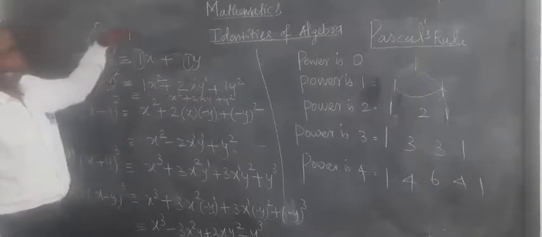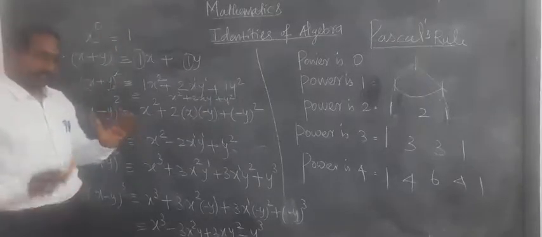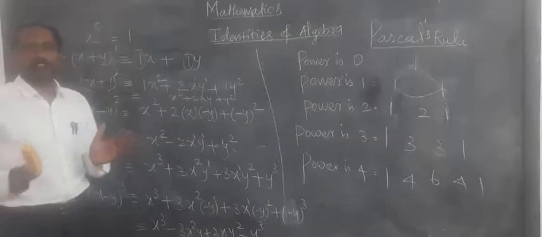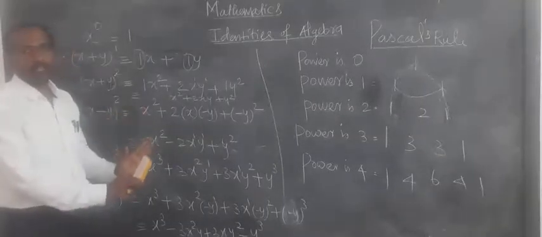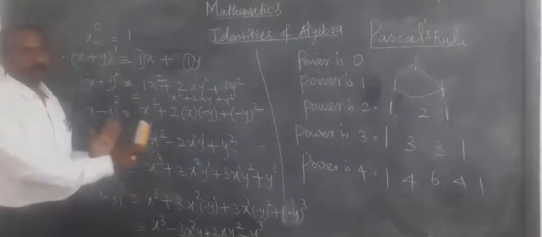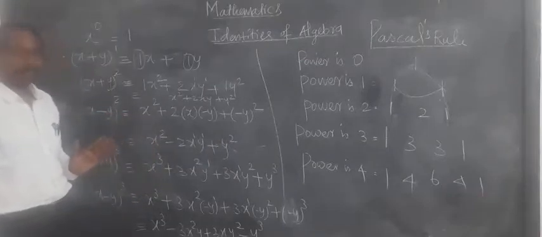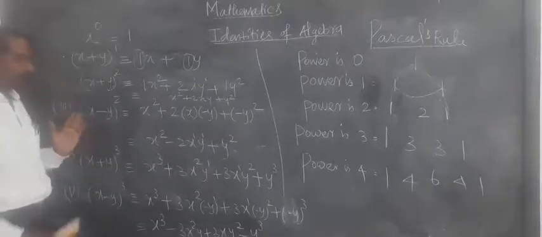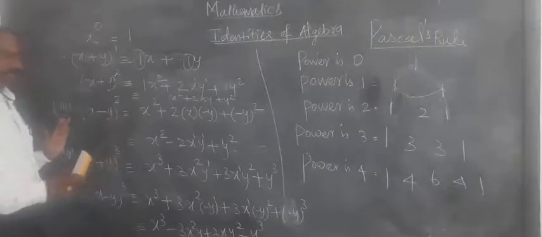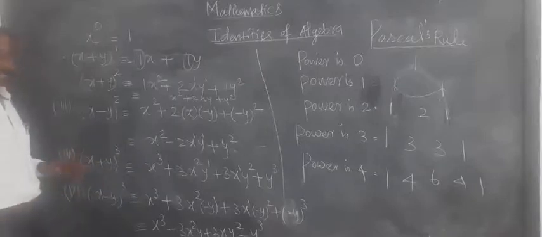So this is the identity. Just think: identities and equations are different and not equal.